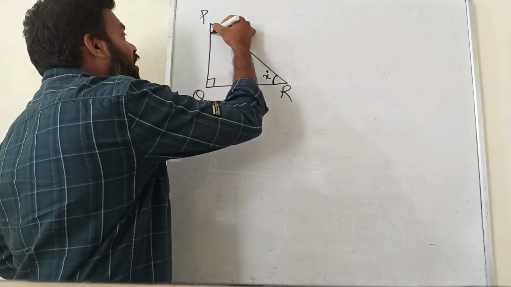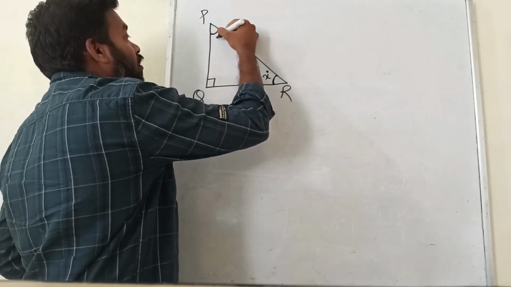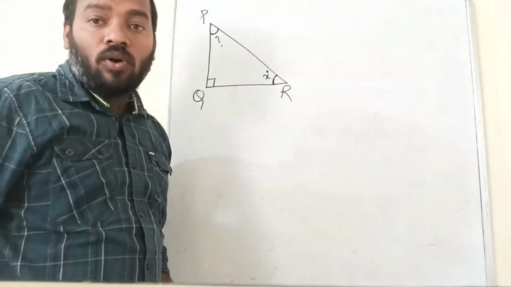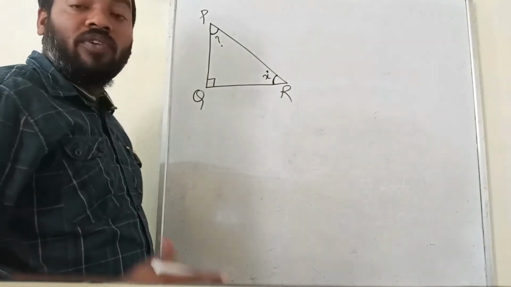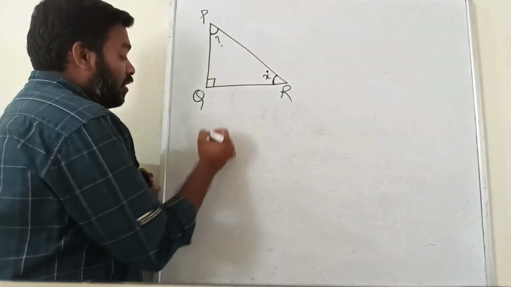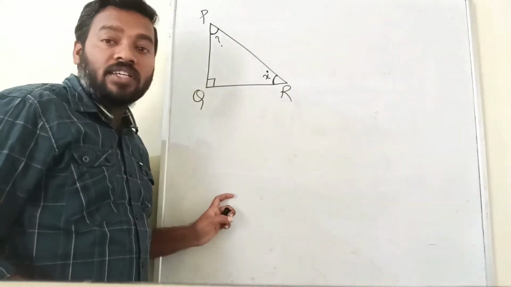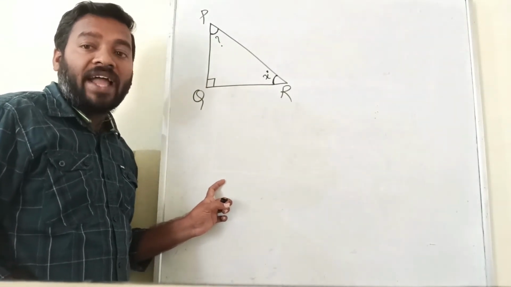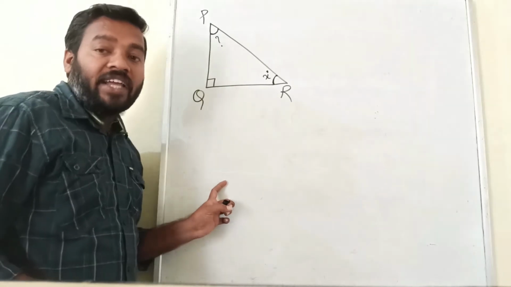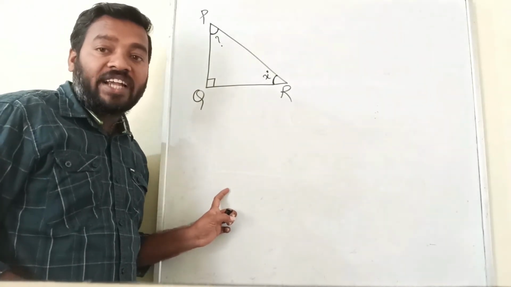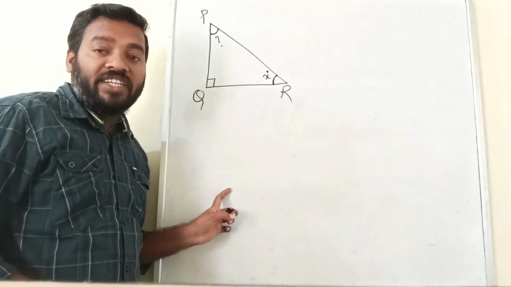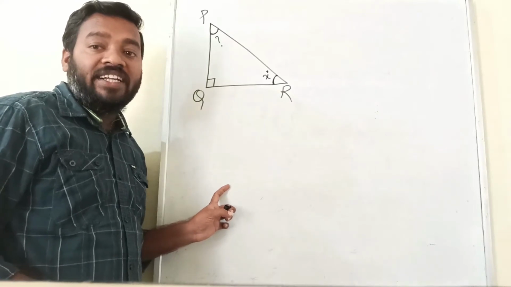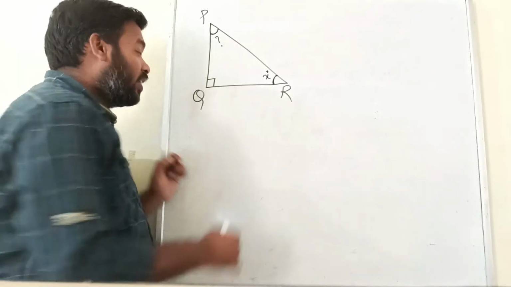Now, what will be the value of angle P? That is, we use the angle sum property of triangles. What is the angle sum property of a triangle? The sum of interior angles of a triangle is 180 degrees.